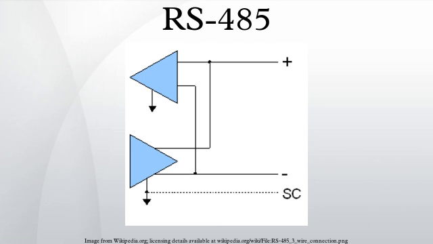B, also known as plus, also known as TXD+/RXD+, also known as non-inverting pin. SC, also known as G, also known as reference pin. The SC line is the optional voltage reference connection. This is the reference potential used by the transceiver to measure the A and B voltages. The B line is positive when the line is idle.